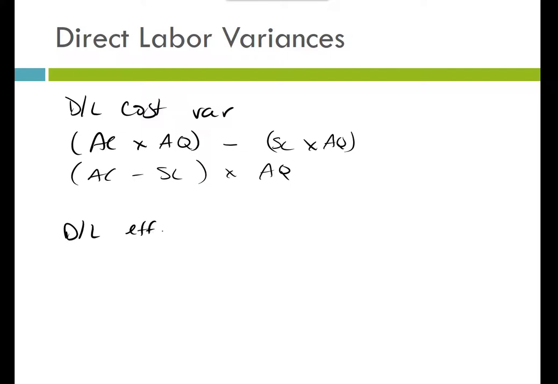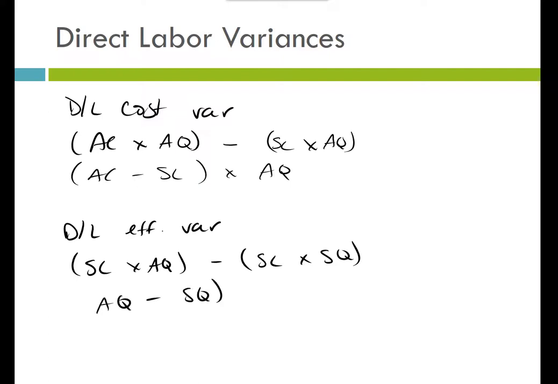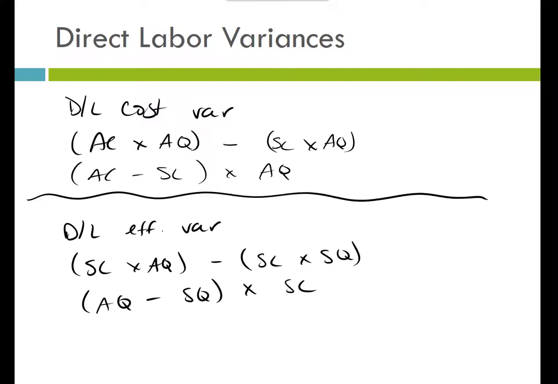Direct labor efficiency variance. Again, standard cost times actual quantity minus standard cost times standard quantity. Or we can rewrite that, the actual quantity I used minus the standard quantity, what I thought I should have used, times the standard cost. So those are my two labor variances.